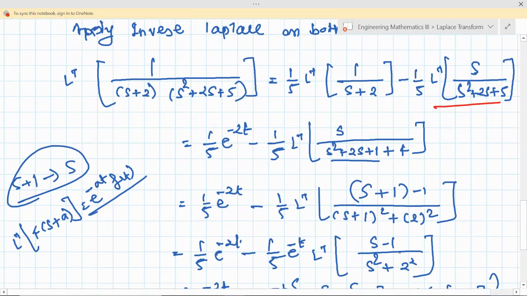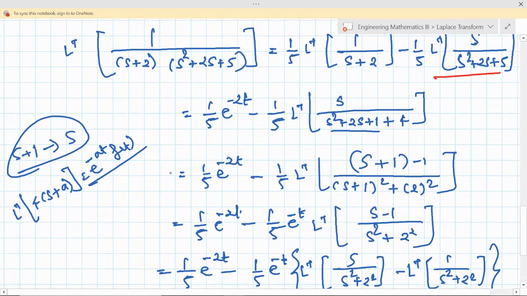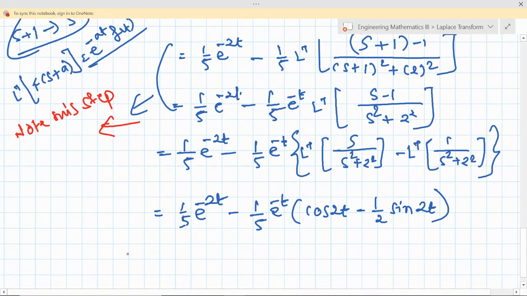You need to focus on this step that I have done here. This is a very important step. Note this step. Here we have used the first shifting theorem of inverse Laplace.